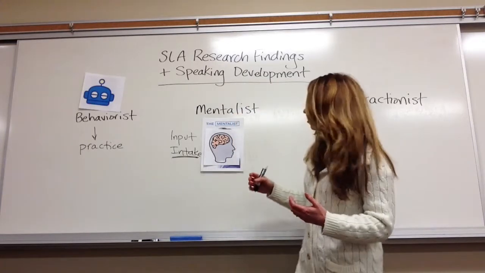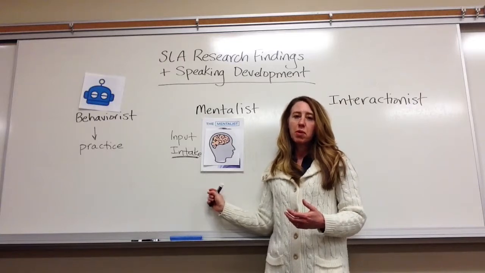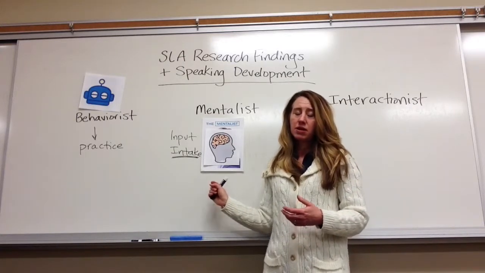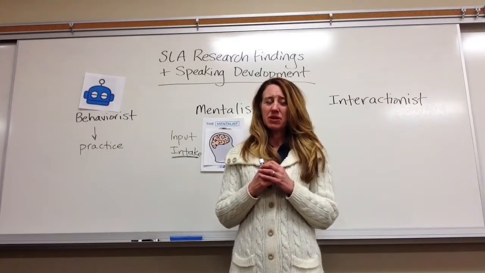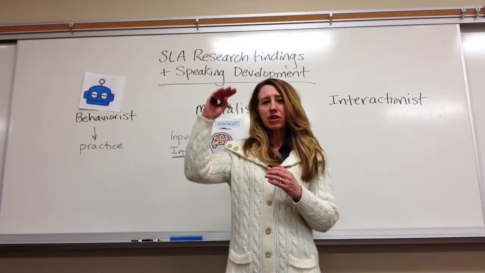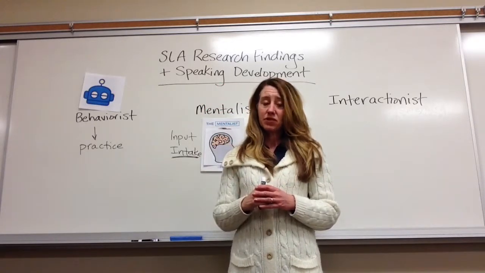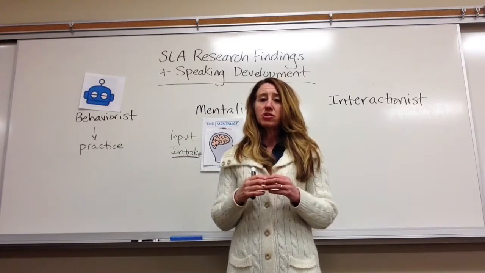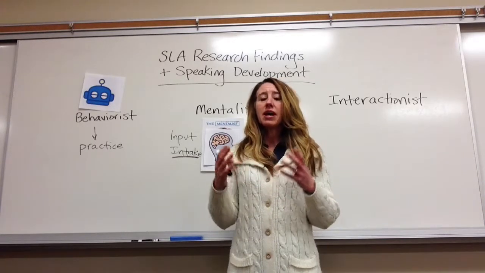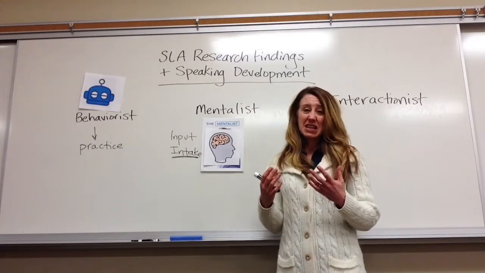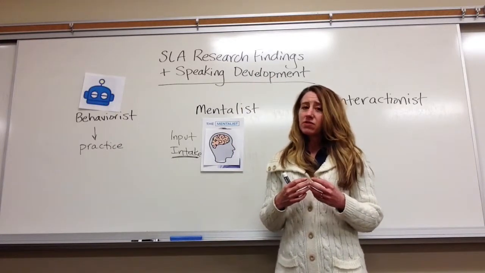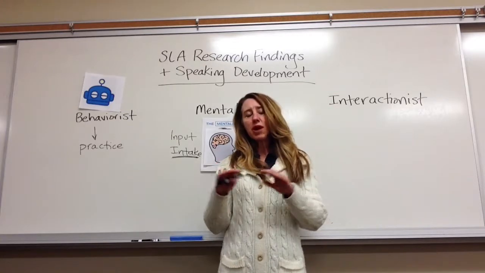And Stephen Krashen, who approached with a mentalist model, believed that we had to feel comfortable as language learners. We had to bring down what he called the affective filter, to make ourselves comfortable and able to take in enough intake. He also believed that it had to be just the right level.